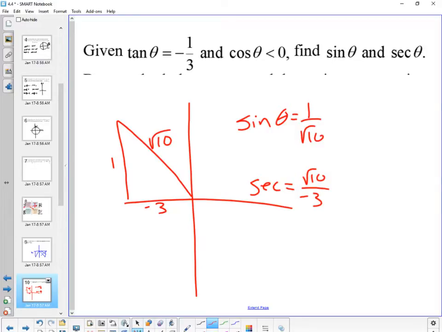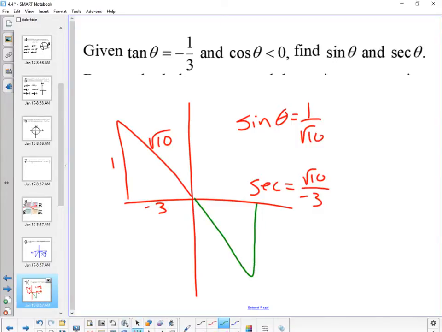Any questions on this? Go ahead. Did you remember that we had another condition here? Because that matters. Tangent's negative here as well, right?